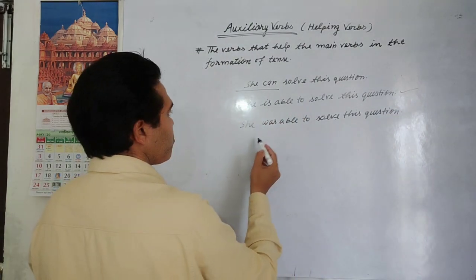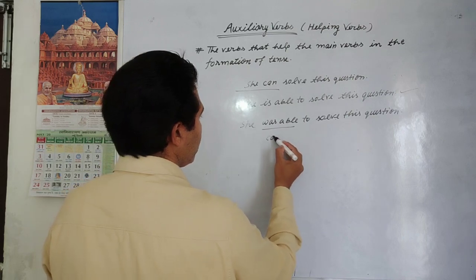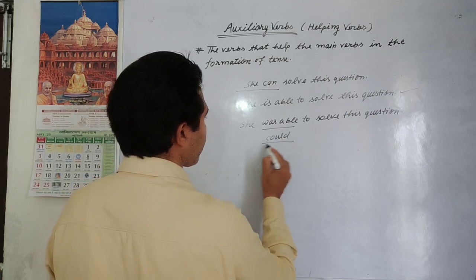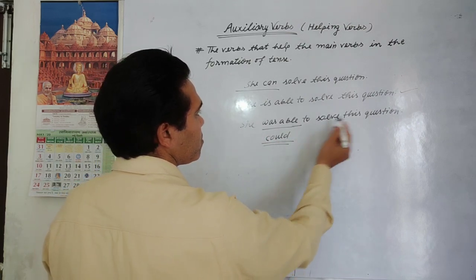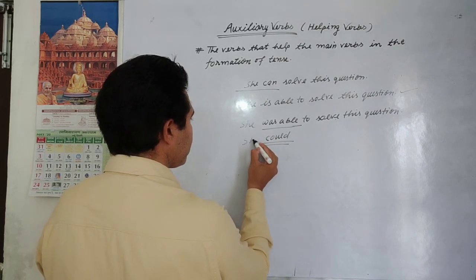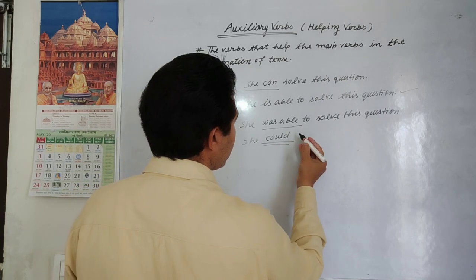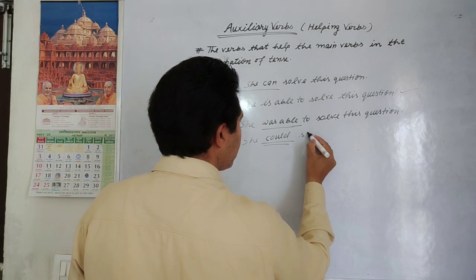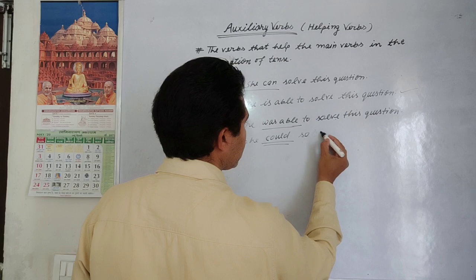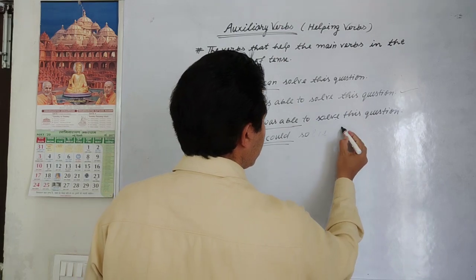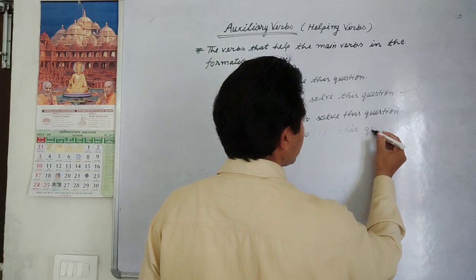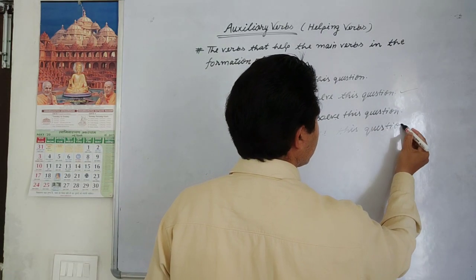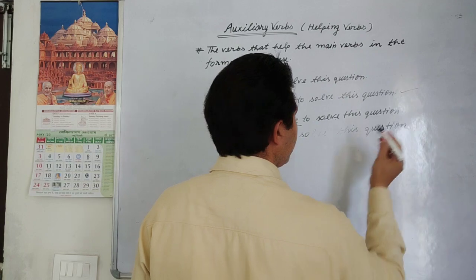Okay, in place of this, could: she could solve this question, in this way.